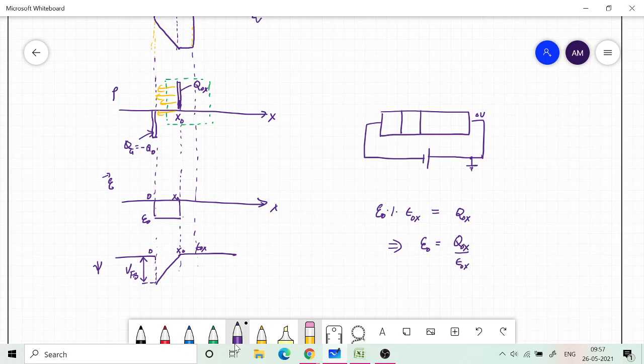Now I can write this as epsilon ox by Tox. I know that it is basically Cox, so I would write it as Qox by Cox into Tox. Okay, I just divide and multiply with the Tox. So sorry, it should be in the denominator.